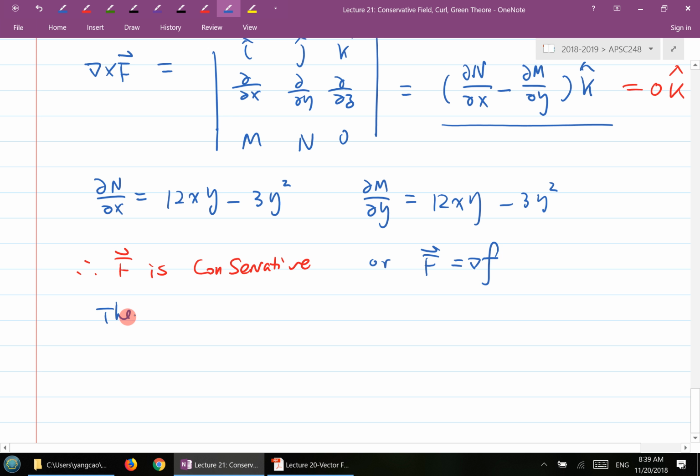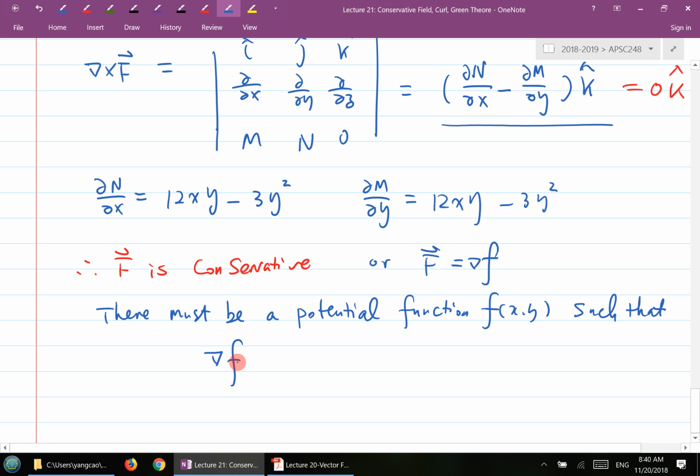So now you're confident saying there must be a potential function f, and f is a function of two variables, f of x, y, such that when you calculate the gradient of this potential function, it gives you this vector field. So that's the logic flow here.